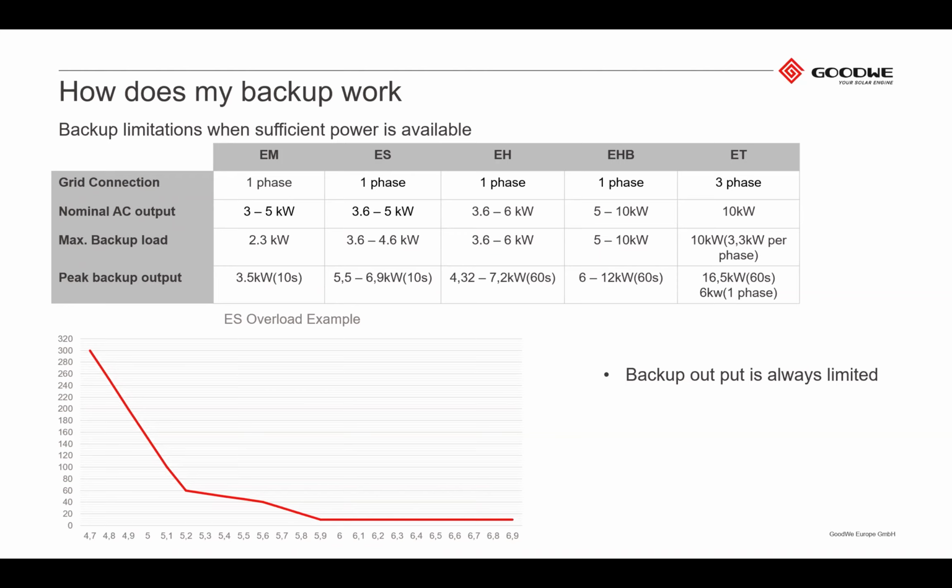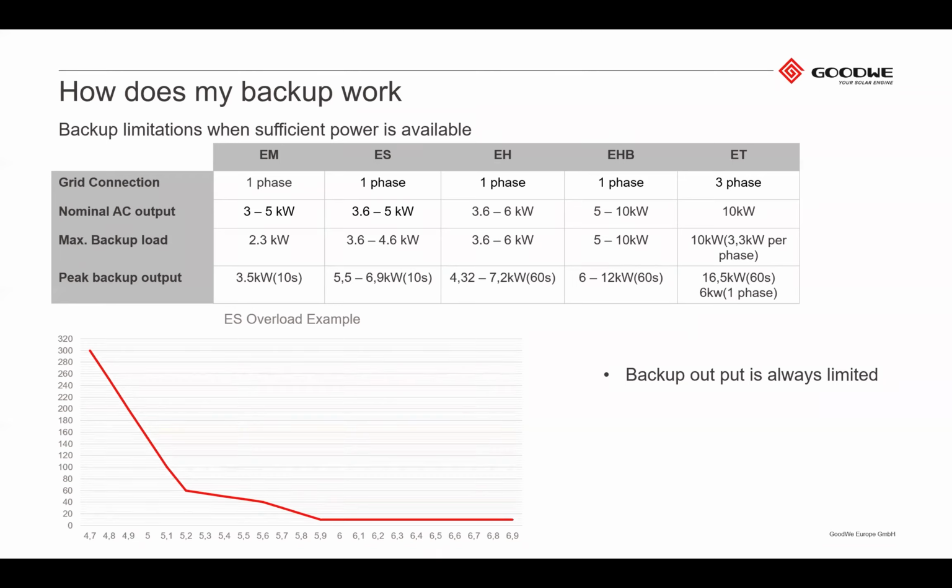Below you'll see the graph, which is just an example. All of our inverters work this way. The 10 seconds for the EM and the ES are rough guidelines, and the 10 seconds is for almost the peak power of the inverter. Here's an example of the ES overload. With newer firmware and updates to our devices, you'll see how this 60 seconds works with our newer devices, and the ES has adapted that as well.